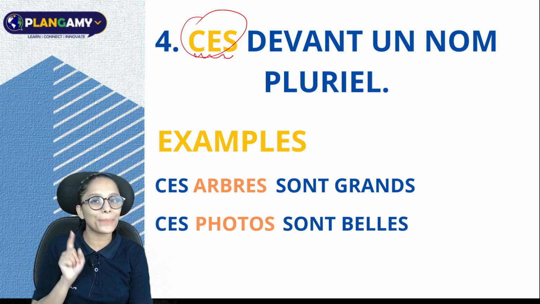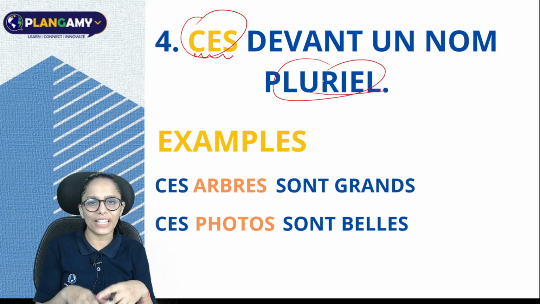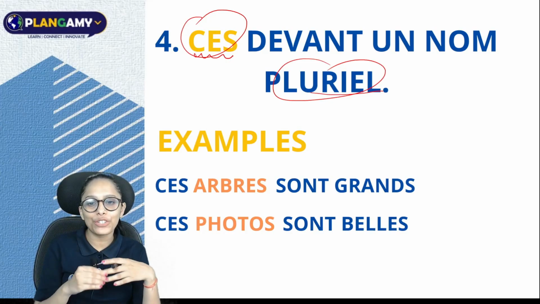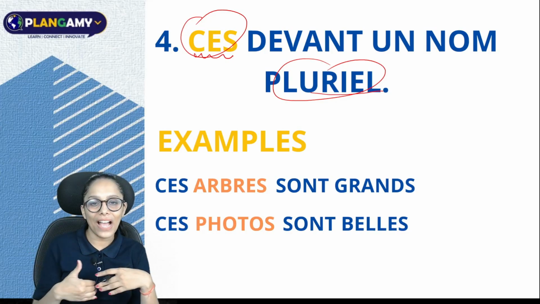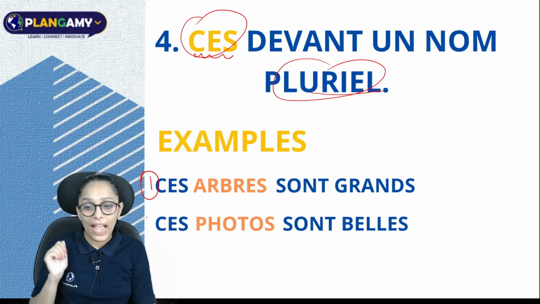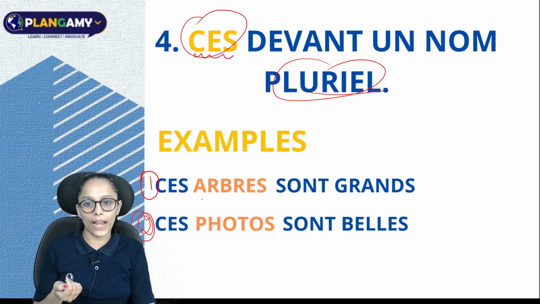Now, next criteria, last one, we have ces. Do you remember the pronunciation? We won't call it "ces" with an S. Instead, we will call it ces. It says devant un nom pluriel. So, if you are talking about plural nouns, at that time, you have to use ces. Now we have examples, example number 1 and example number 2. Ces arbres sont grands.